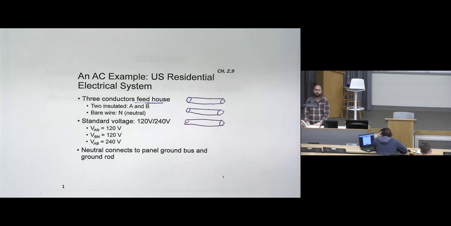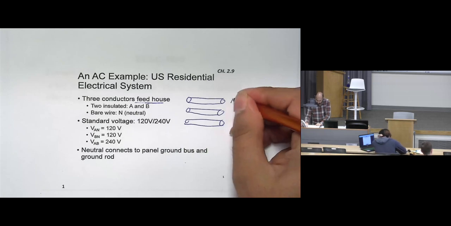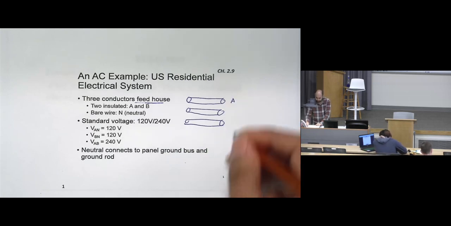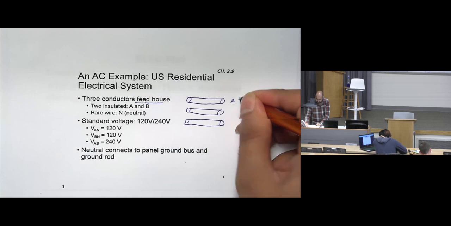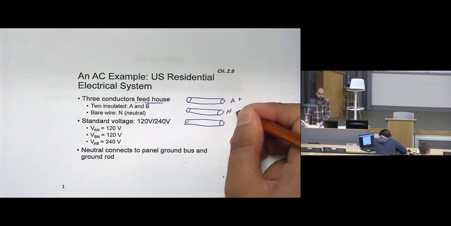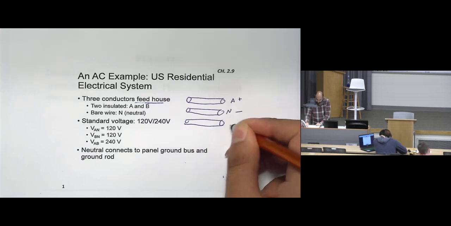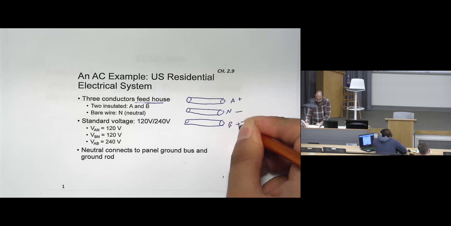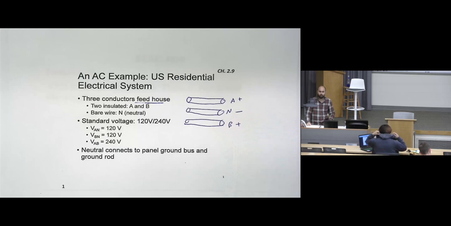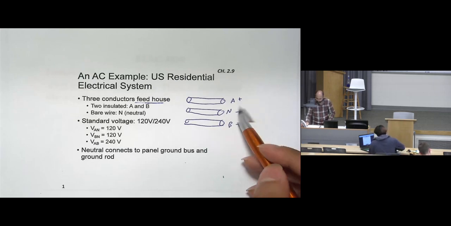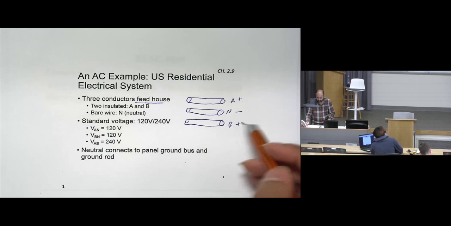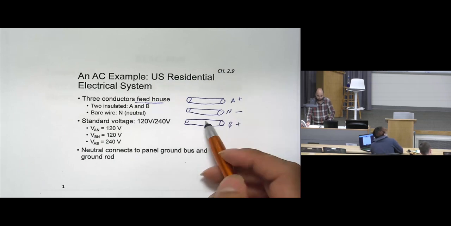We have 2 live and 1 neutral. We call this one A, which is live or positive. We have a neutral, which is the returning current, negative. And we have B, which is another live. So live, neutral, and live. Neutral is for the returning currents.